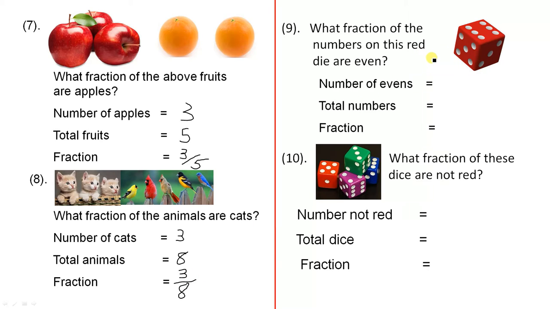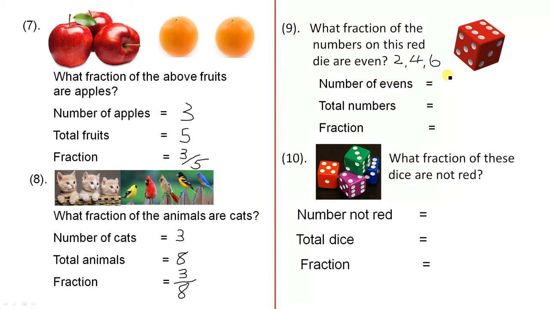What fraction of the numbers on this red die are even? So if we remember the die, we've played a lot of games, haven't we, with the die, which is the singular of dice. So the even numbers on a die are 2, 4, and 6.